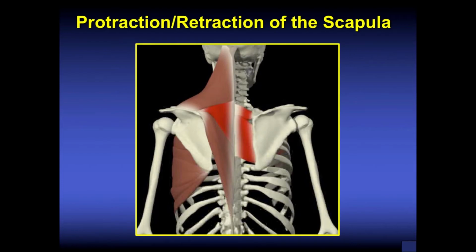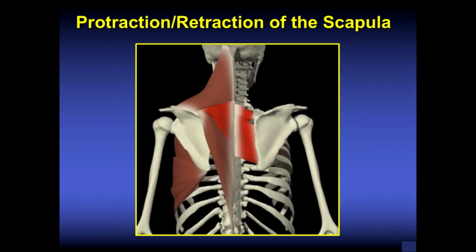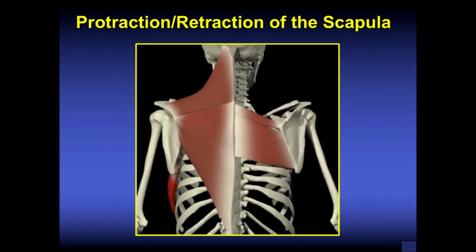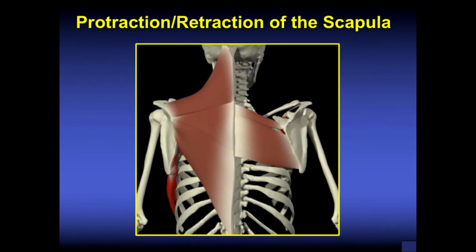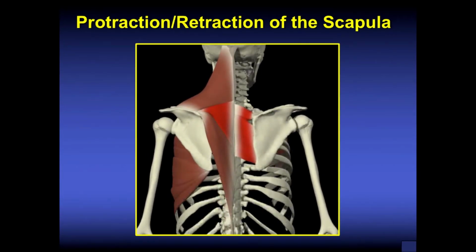A lot of different muscles act around the scapula. The protractors and retractors. Typically what happens when there is scapular dysfunction is the scapula moves in a protracted way and upward. This happens because the glenoid, which is the socket of our shoulder, is also connected, obviously, to the humerus.